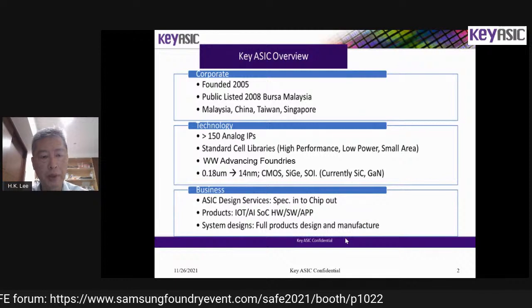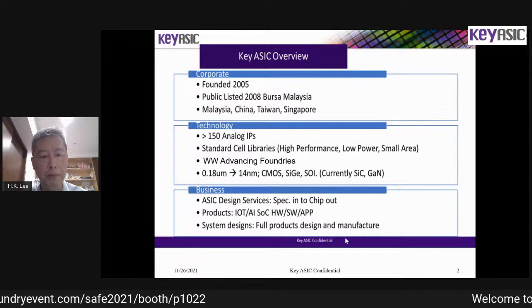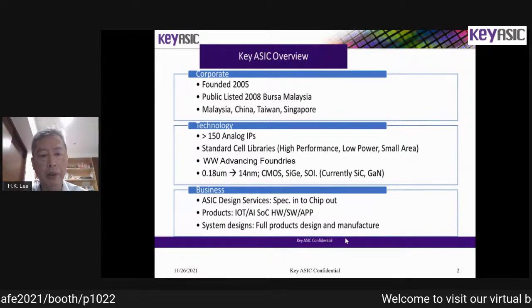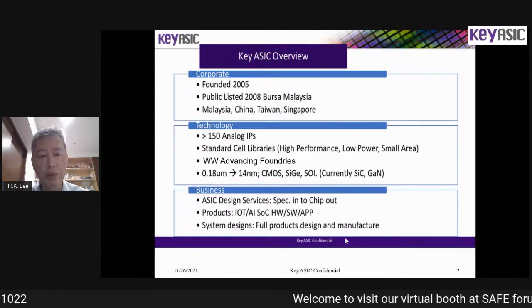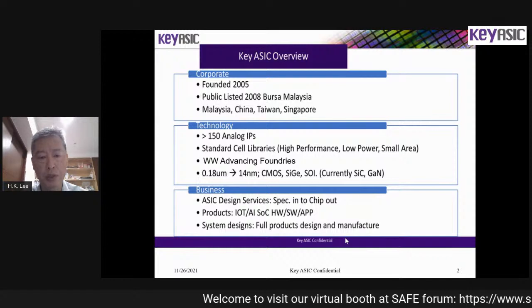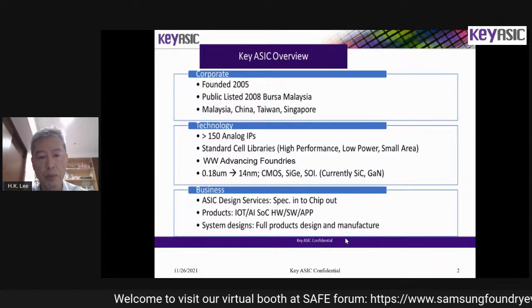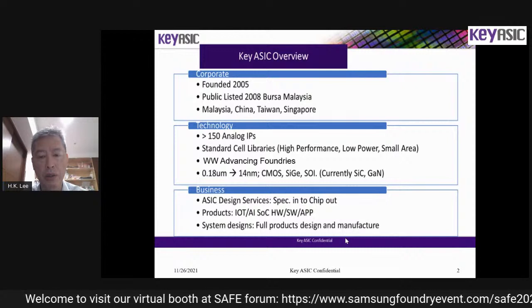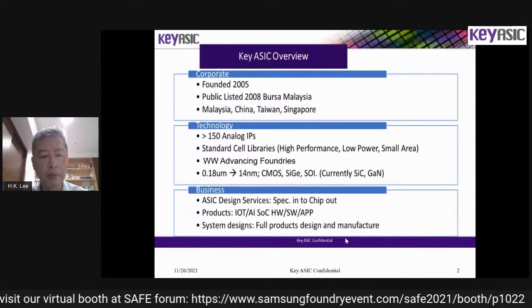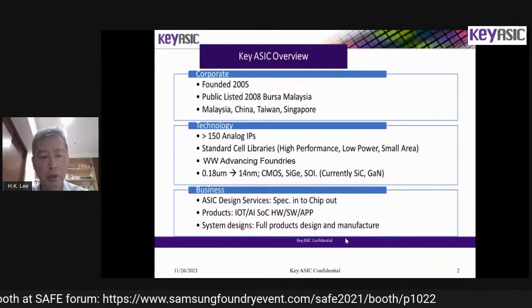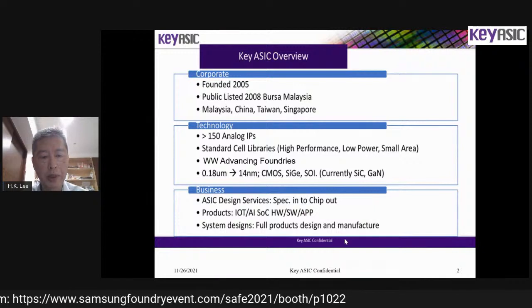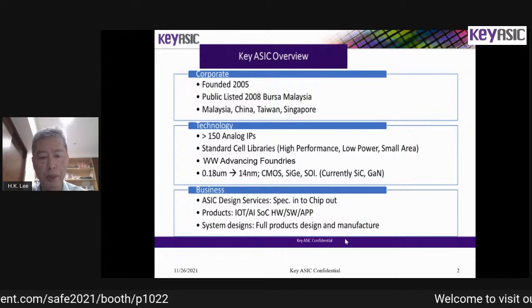In terms of the technology, we have solutions for 180 nanometer down to 40 nanometer. We also have different technologies such as CMOS, silicon germanium, SOI, or silicon carbide. As for our business core, we have ASIC design service that can serve the customer from spec in to chip out requirement.